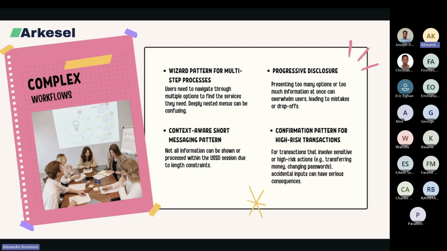And sometimes the user is reading through the entire information, and by the time they finish typing what you want them to type, the session has already timed out, right? So you provide short messages so that the end users can read and quickly respond to the inputs that you require of them. I think there are a lot more, but based on my experience, these are the most used ones, right?